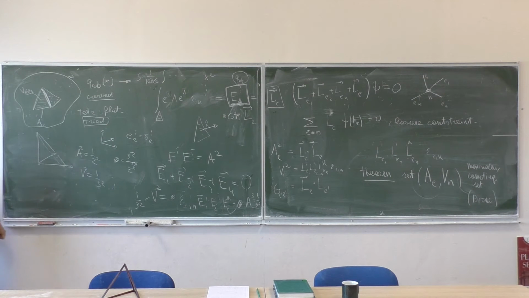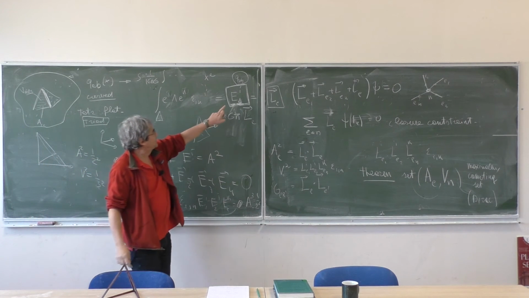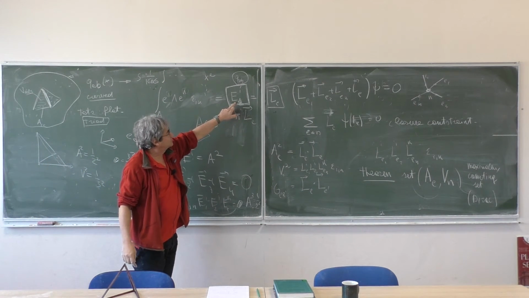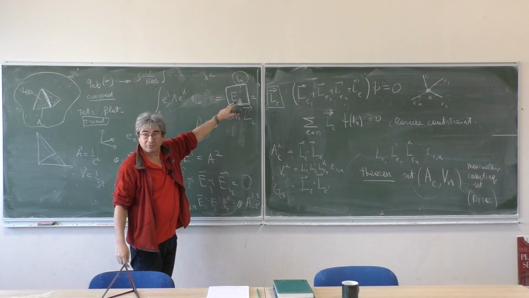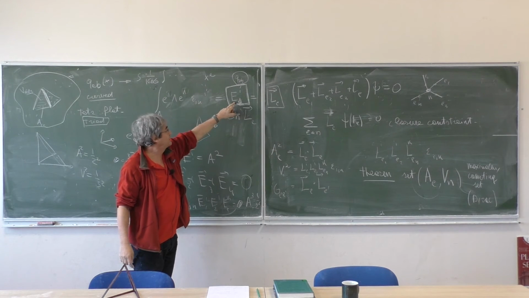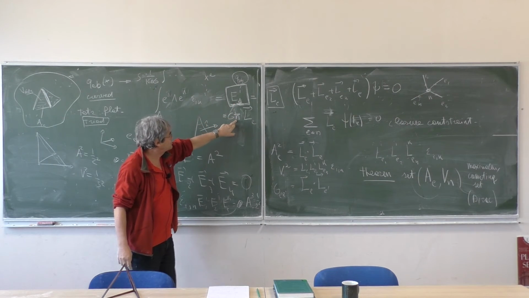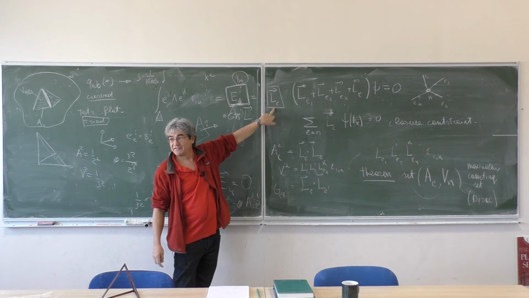So this geometrical quantity here, in the quantum theory, becomes the operator G h bar times the left invariant vector field.